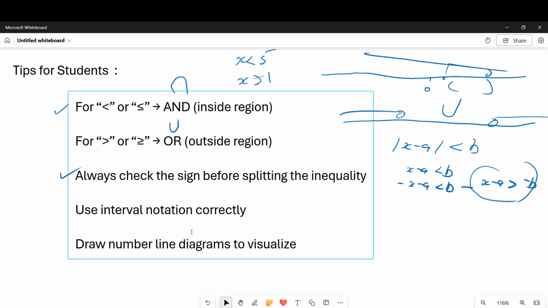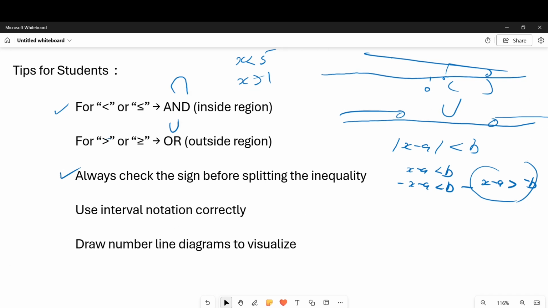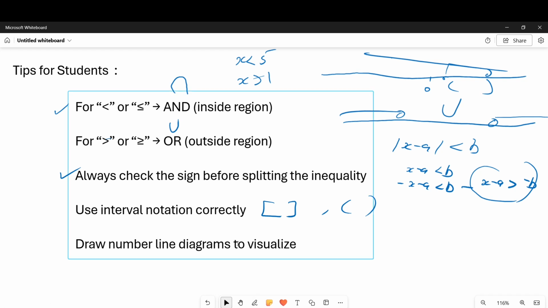Use interval notation correctly. Interval notation is very important. Don't forget the difference between square brackets and open brackets. A square bracket means the values inside are included, but in an open bracket the values are excluded, not included. Keep these two differences in mind. Always draw the number line to visualize.